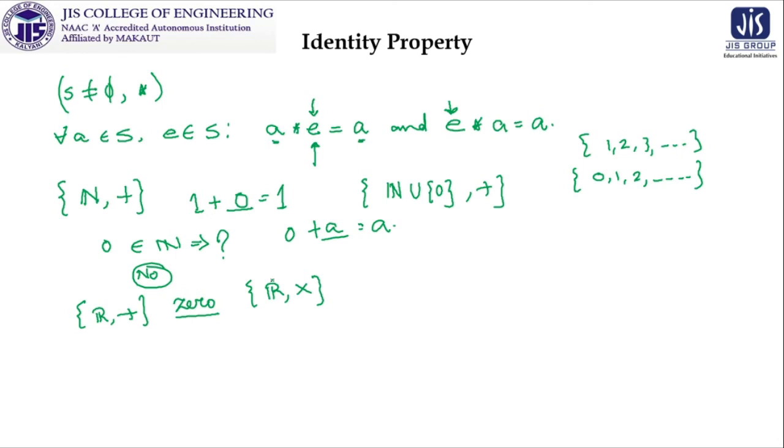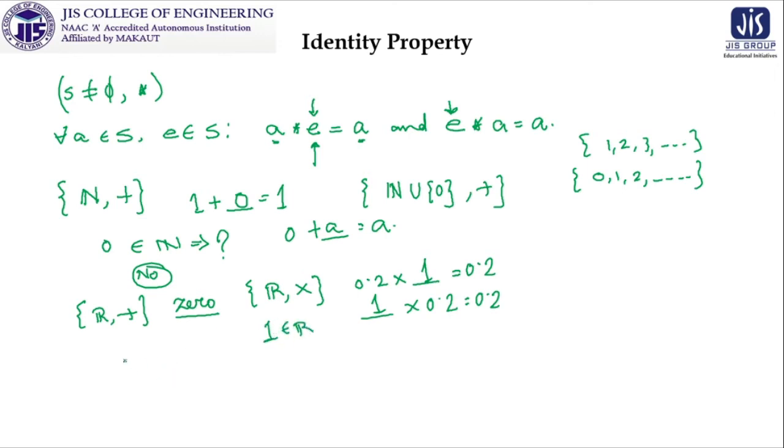If you verify the associative property, you will see that it will be associative. But in the context of identity, you need 0.2 into something is equal to 0.2 and something into 0.2 is equal to 0.2. So obviously it will be 1, and you know that 1 is in R. So identity property is there.